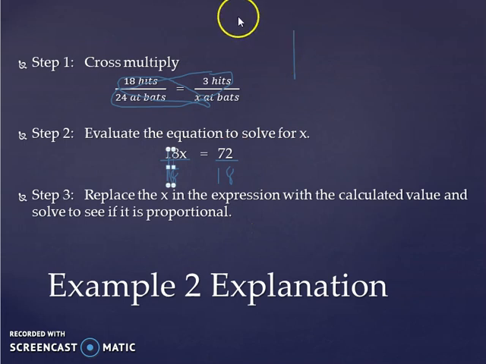So now I just have x. And x is going to be equal to, in this case, 4.